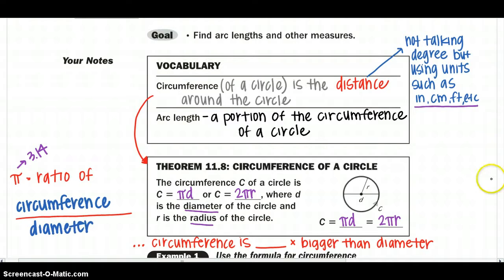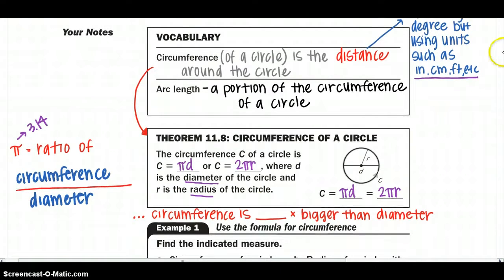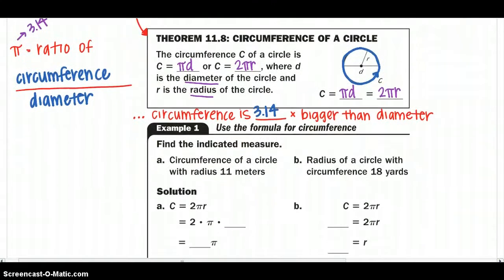So the circumference is approximately 3.14 times bigger than our diameter. So that's really what it's going to tell us. And if you can see this little shaded arrow, the circumference is going to be the whole distance around our circle from start to finish. So again, we are just looking at our circumference for right now.